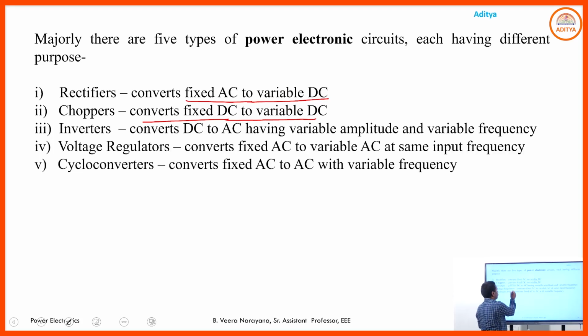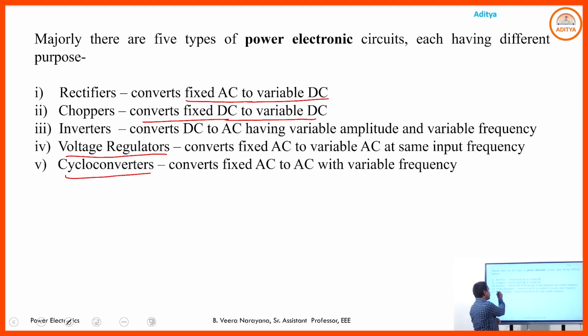Then voltage regulators or AC voltage controllers. These are used to convert fixed AC voltage to variable AC voltage without changing the frequency. And the last one, cycloconverters. These are converters which convert power at one frequency to power at a variable frequency without changing the magnitude.